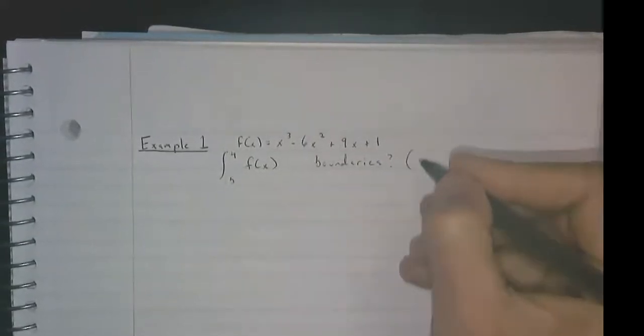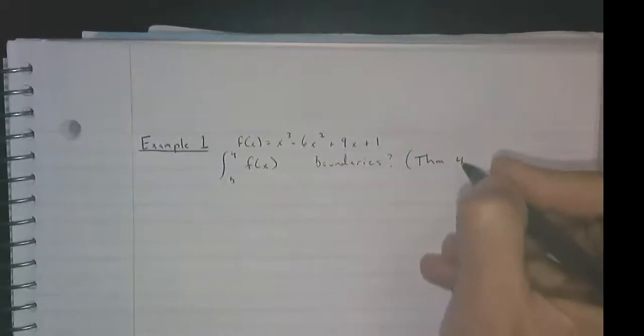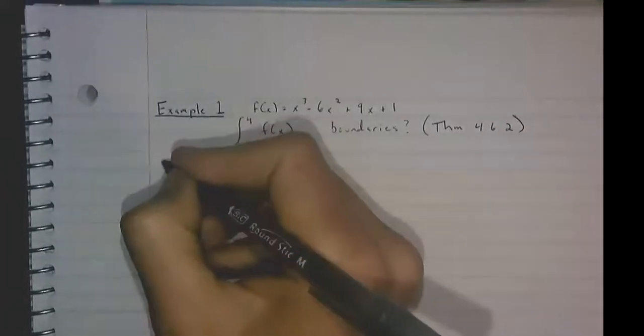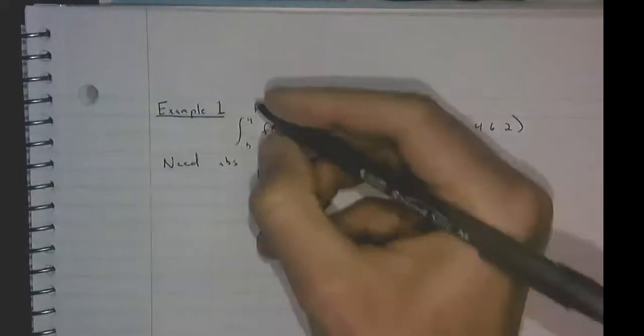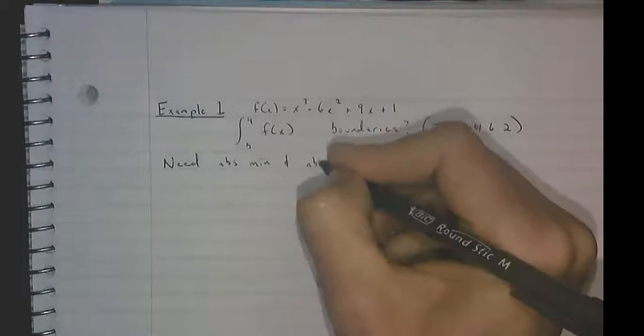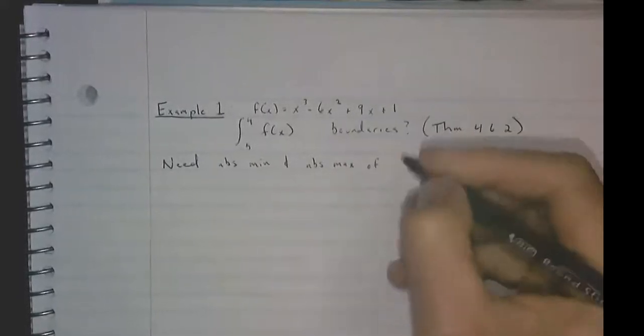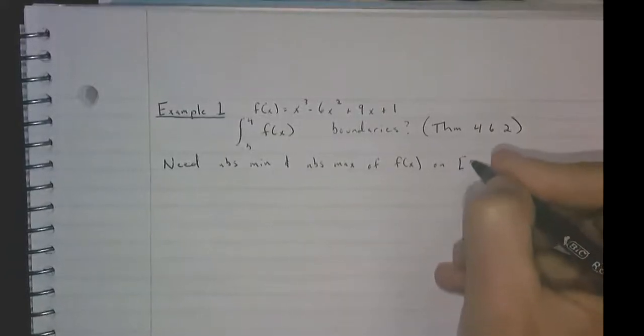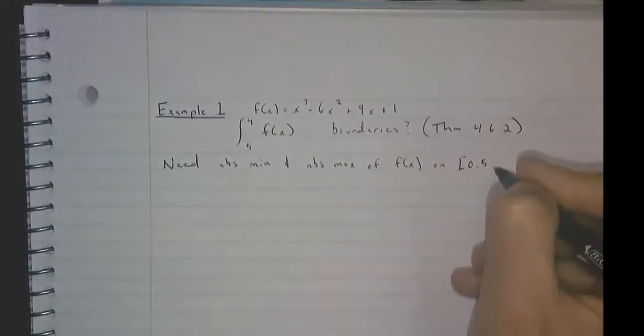Which means theorem 4.6.2. So what we need, absolute minimum and absolute maximum of f of x on the interval between 1/2 and 4.